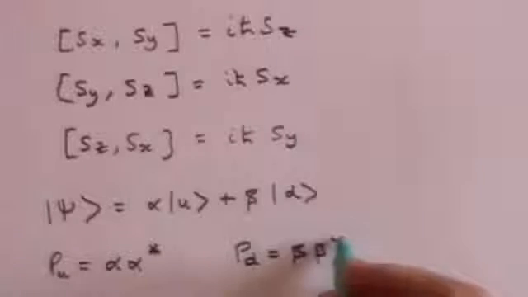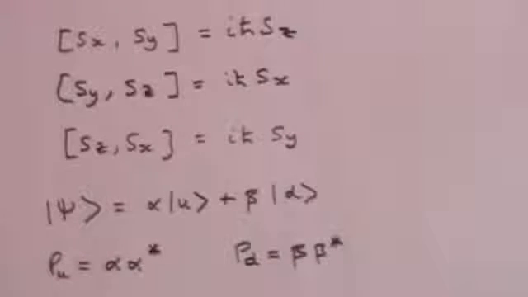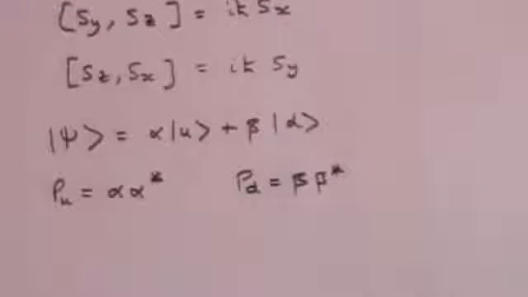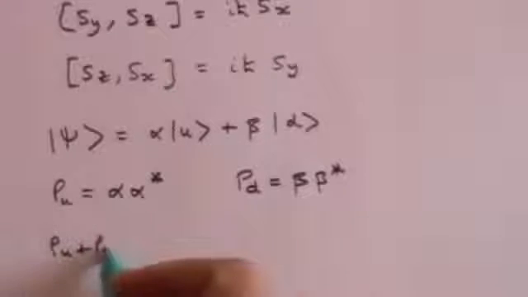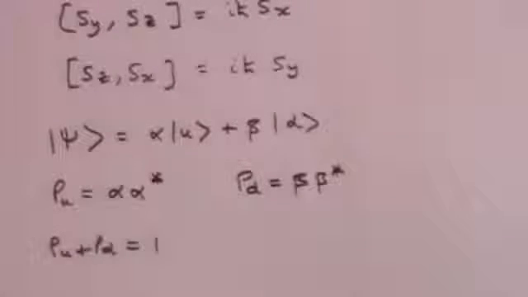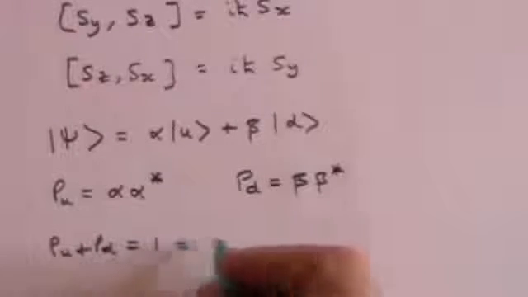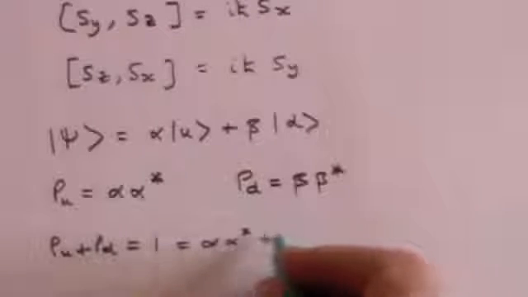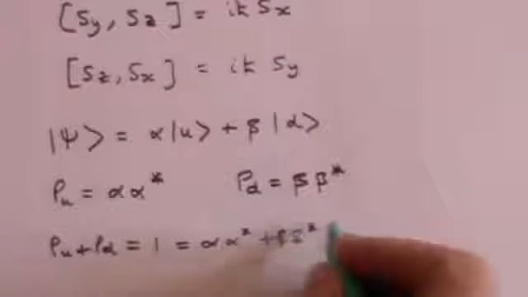So the probability of getting an up will be alpha alpha star, where alpha star is the complex conjugate. And the probability of getting a down is beta beta star. And since you must get either an up or down, you never get a zero, you always get one or the other, that means that the probability of up plus the probability of down is equal to 1. So consequently, alpha alpha star plus beta beta star always has to equal 1.